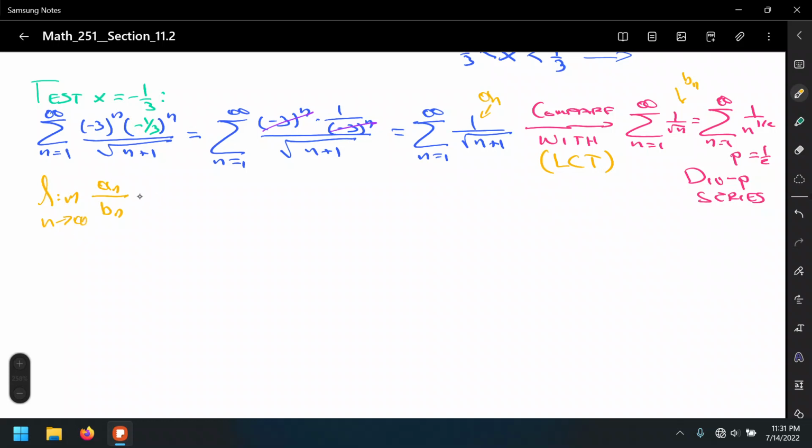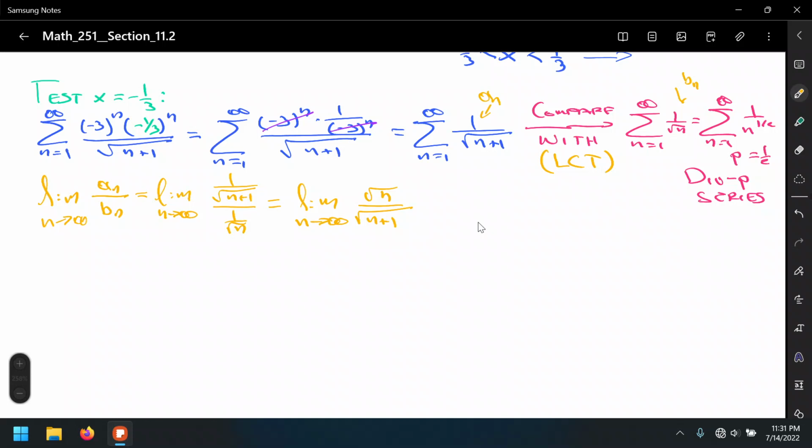This is equal to the limit as n approaches infinity of 1 over the square root of n plus 1, over 1 over the square root of n. Let's multiply by the reciprocal, so that's the limit as n approaches infinity of the square root of n over the square root of n plus 1.